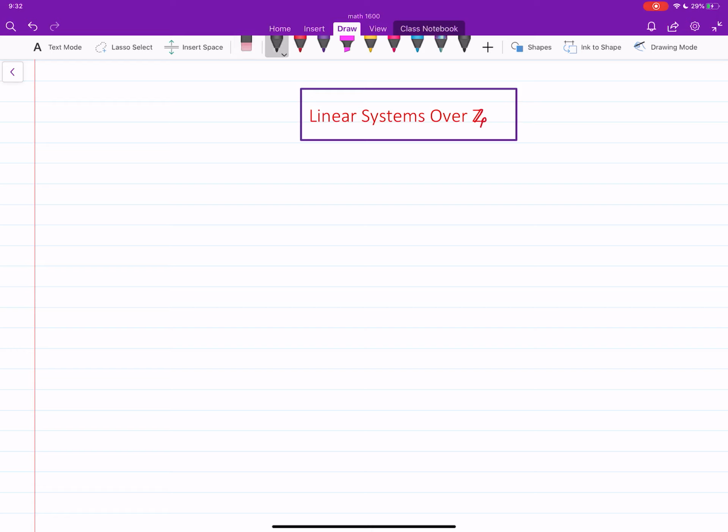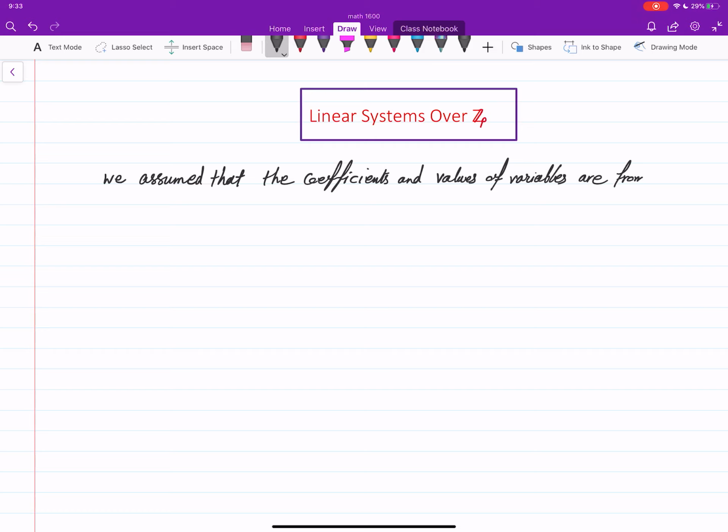Remember that when we have a linear equation, we have assumed that the coefficients and the constant term, and the values of the variables, are from the real line. Yes, so we are taking them from real numbers.